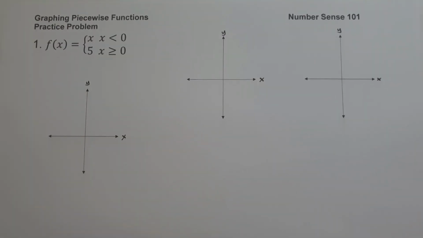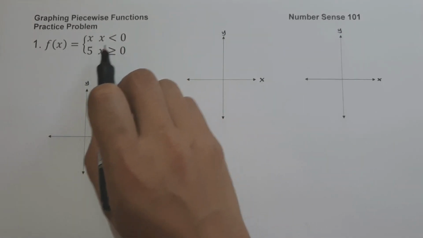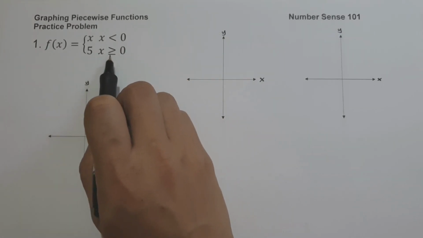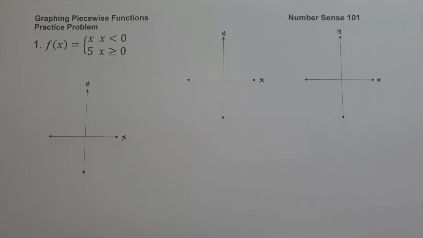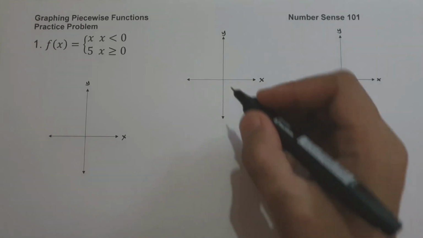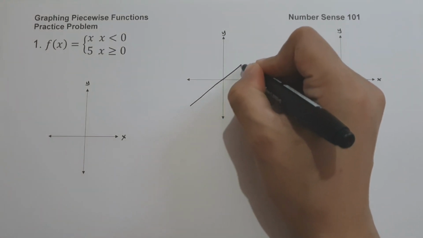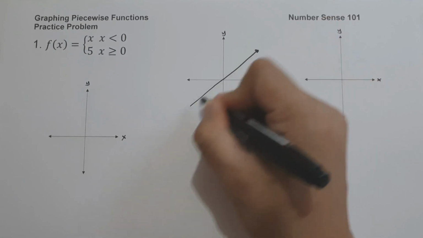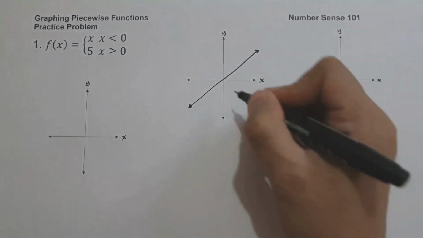On the first example, f of x is equal to x when x is less than 0, and it's equal to 5 when x is greater than or equal to 0. So let us graph the two functions separately. If you are going to graph f of x is equal to x, basically it's a straight line with a slope of 1 and rises at a 45 degree angle.